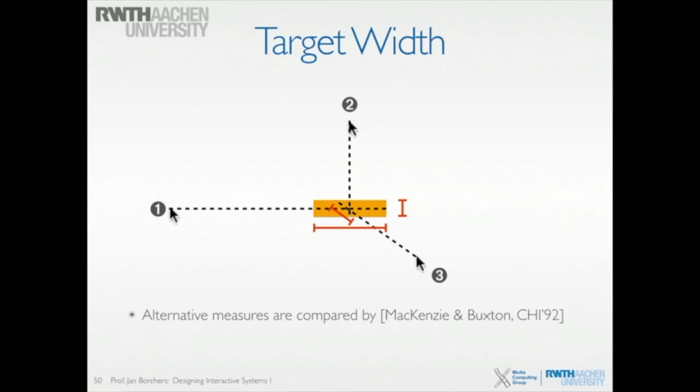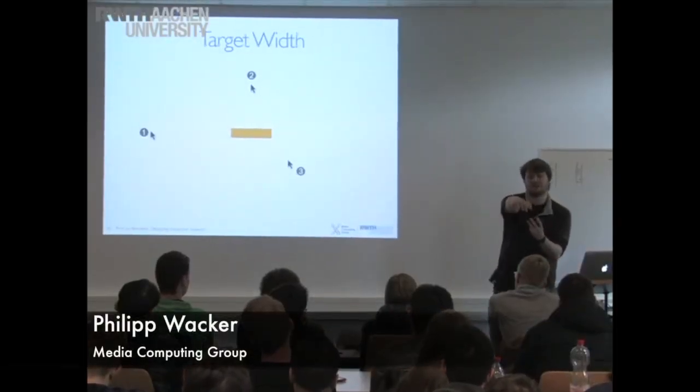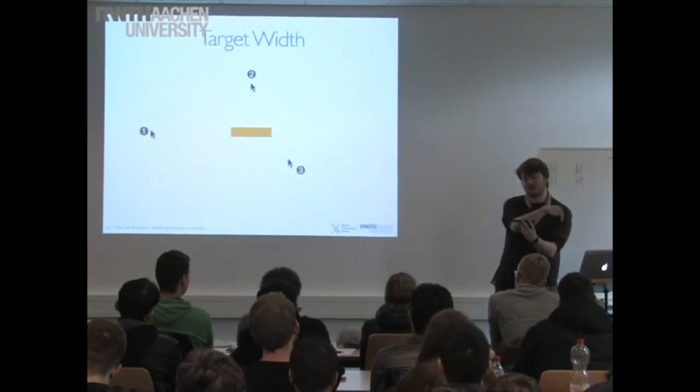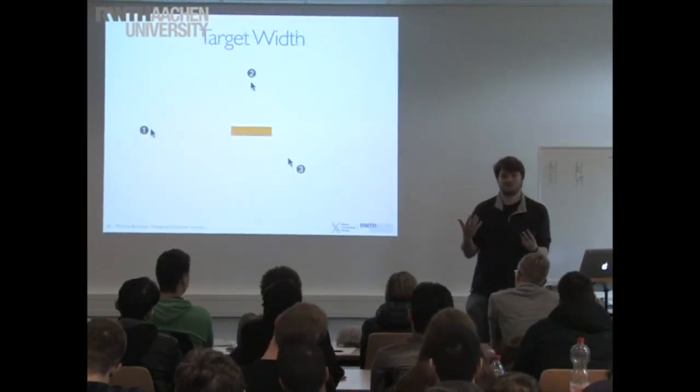And when you're trying to hit something, where would you think the greatest problem for errors may lie? Is it in this direction or in this direction? Where would I make more errors?